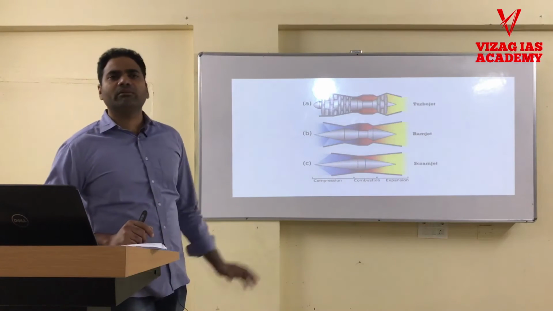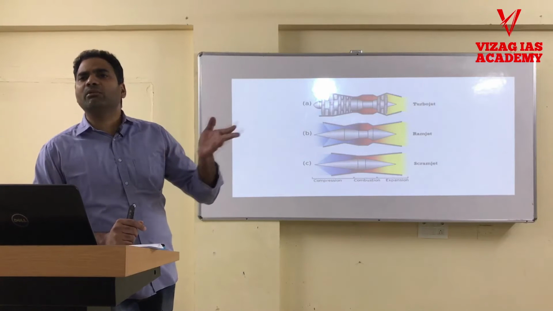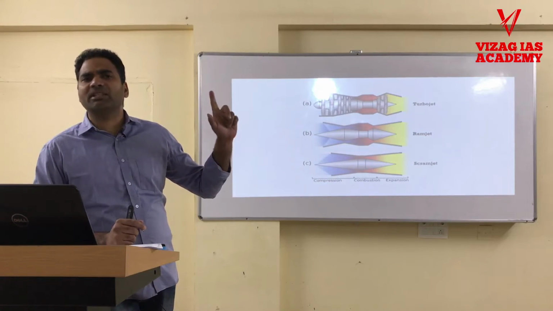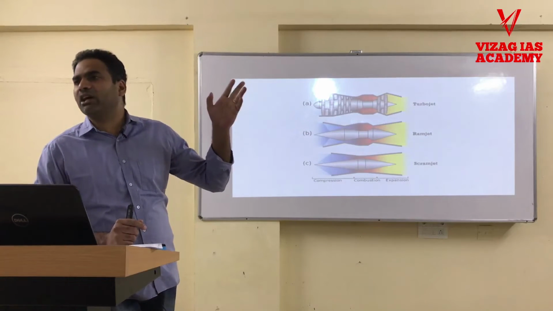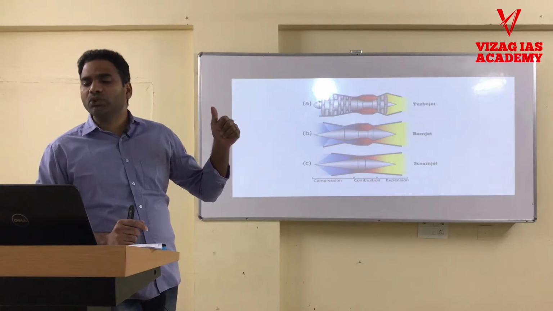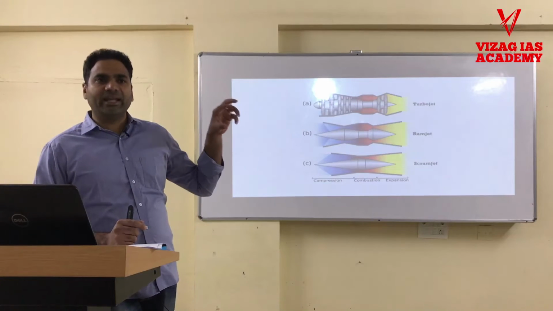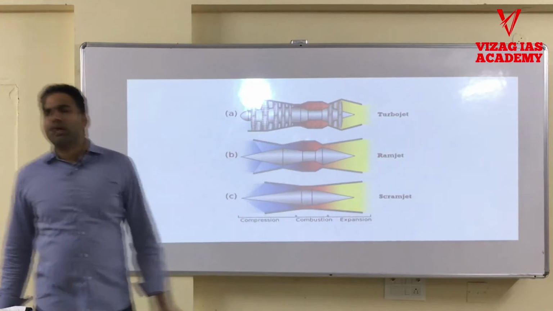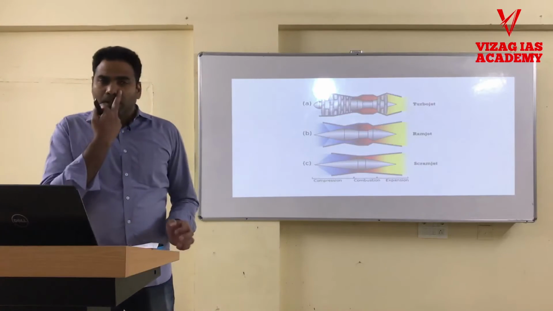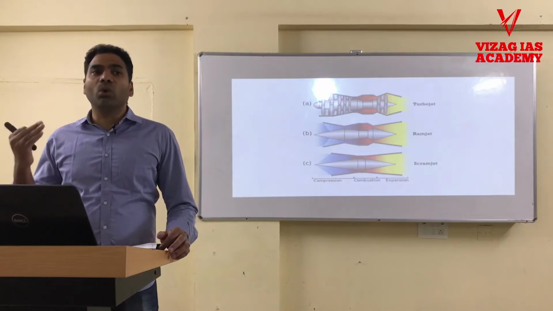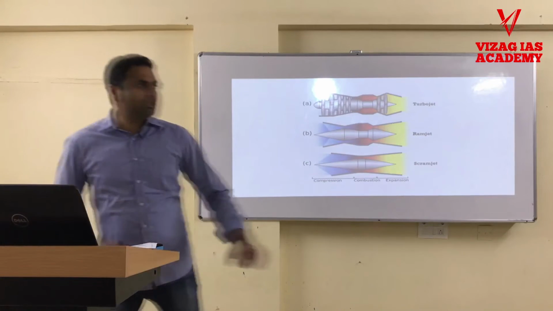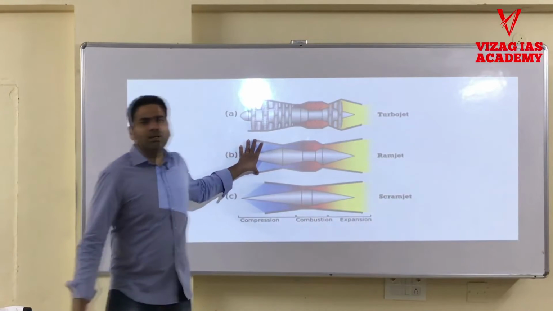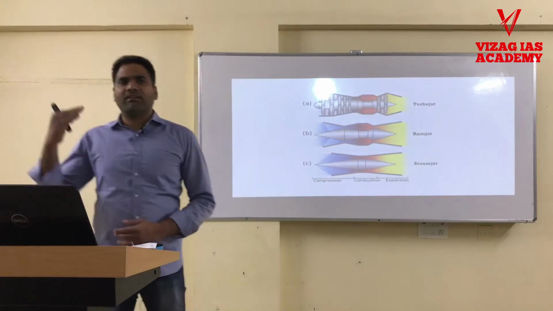In the ramjet they did away with all the movable parts. The fan, the compressor, they did away with all this, and they used the path of entry to compress the gas. Okay. So this will work only when this part is moving at higher Mach levels.